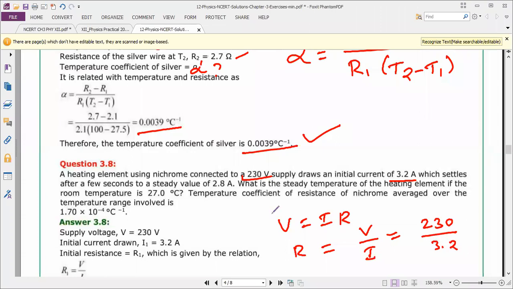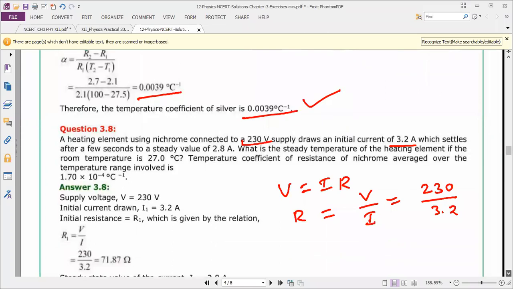What is the value? Priyanka, Prasanna Kumar, Vignesh, others, Gokul, good. So 71.87 ohm. That is the value of R1.